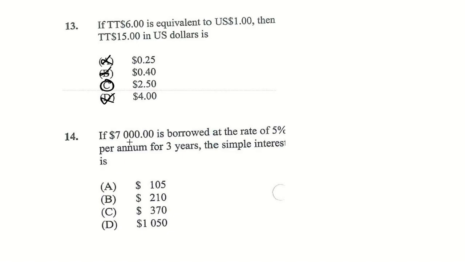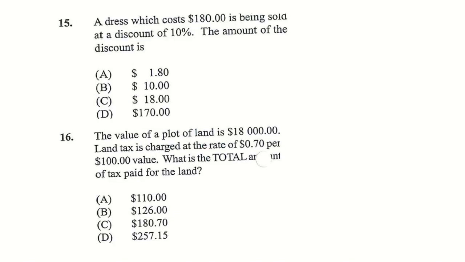If 7,000 is borrowed at a rate of 5% interest per annum for 3 years, we did this question, the answer is D. We said 7,000 by 5 by 3 over 100. You'll get 70 by 5 by 3. We say 7 5s are 35, so that's 350 by 3, which is 1,050.